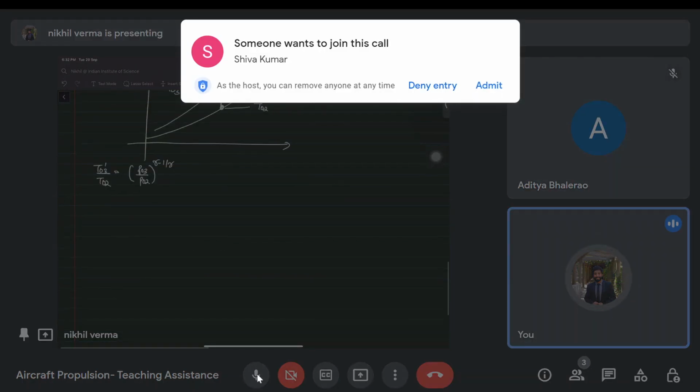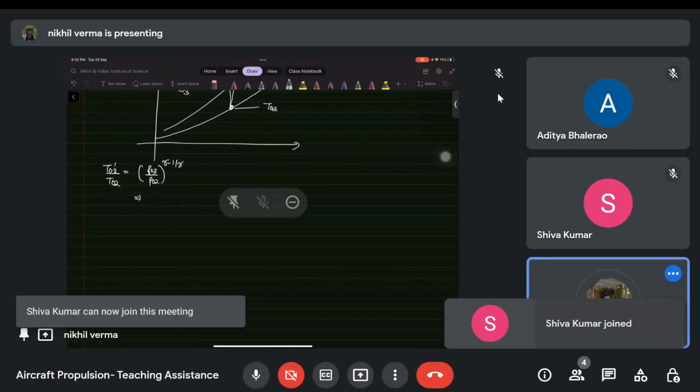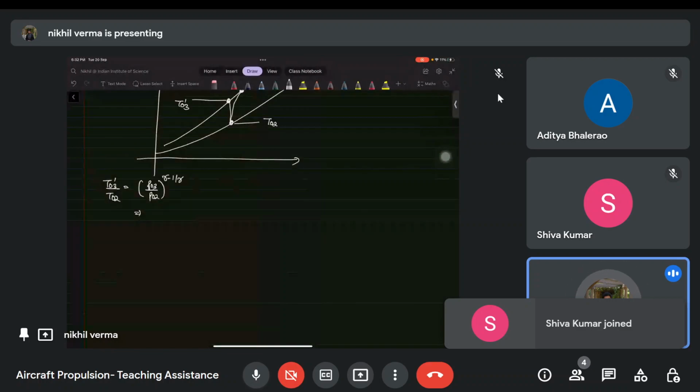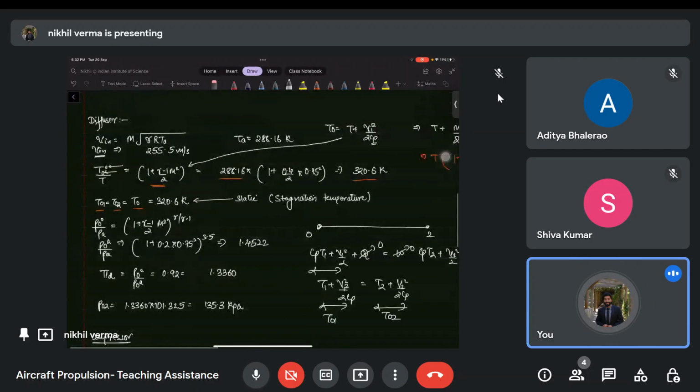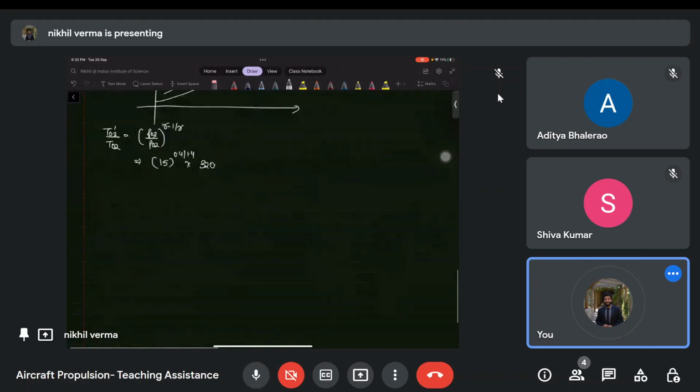So this is 15 to the power 0.4 by 1.4, and T naught 2 is 320.6, right? So this gives T naught 3 dash.